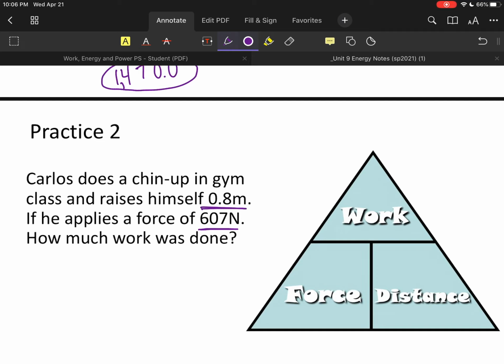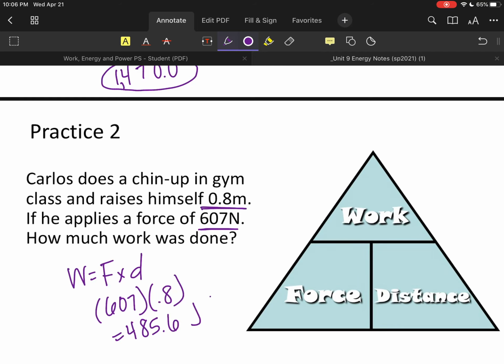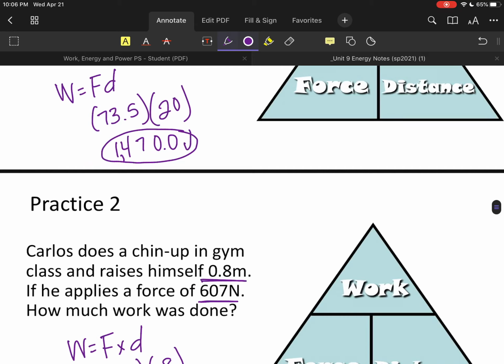See if you can plug that in, and then I'll follow right along. Your answer is 485.6. And I forgot to say the units of work is in joules.